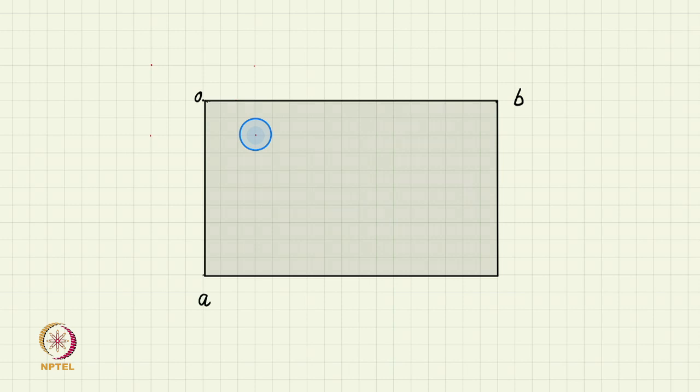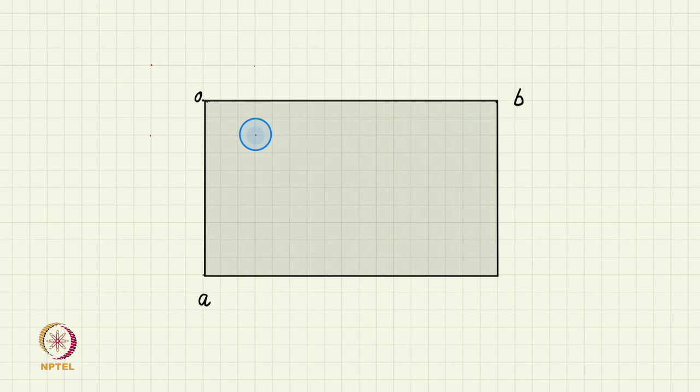It does not lie on a mirror plane, a rotation axis, or an inversion point. So, the site symmetry, the symmetry at which the point is located, is the identity. That is what is called a general position.